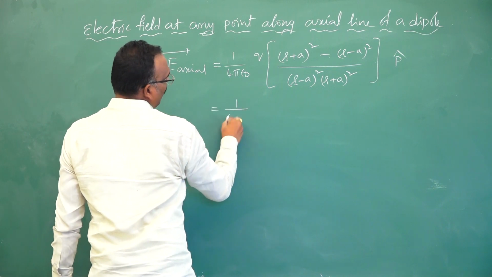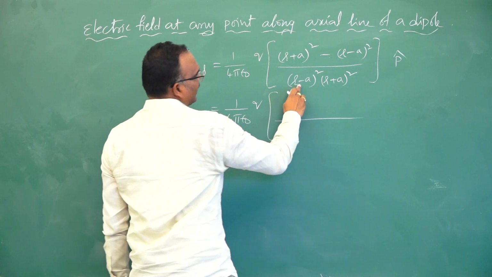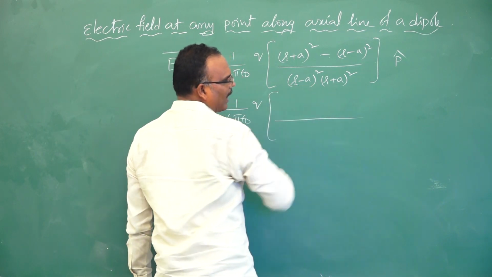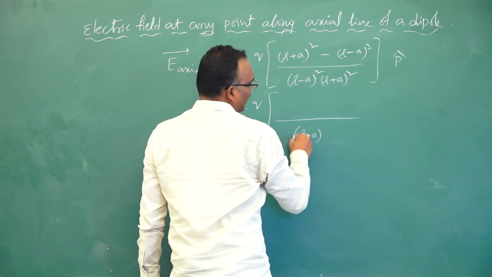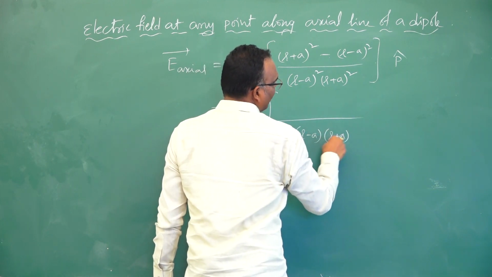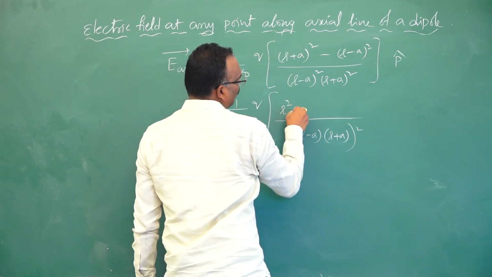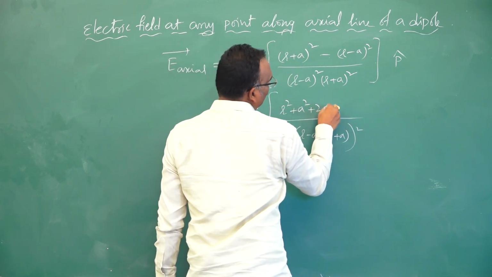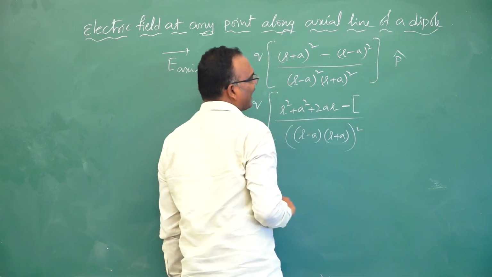Then this is 1 by 4 pi epsilon naught q into denominator. This is a square into b square, can be written as (ab) whole square. That means (r minus a) into (r plus a) whole square. This is (a plus b) whole square: r square plus a square plus 2ar. Here we have minus whole bracket.